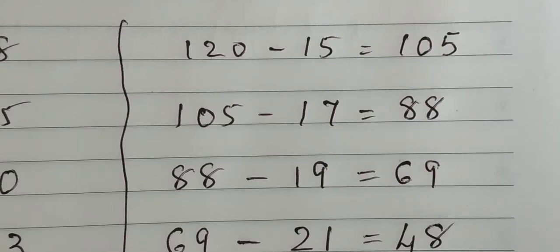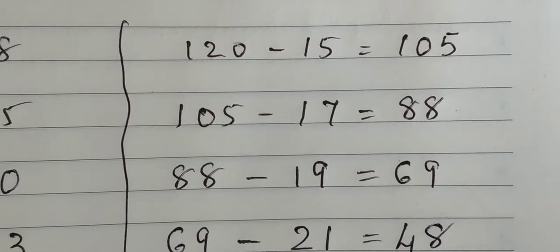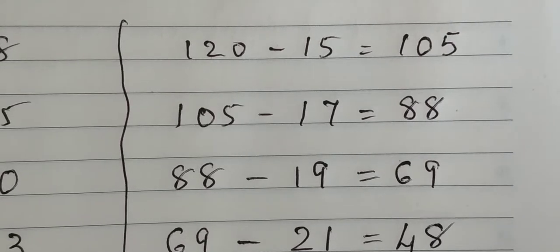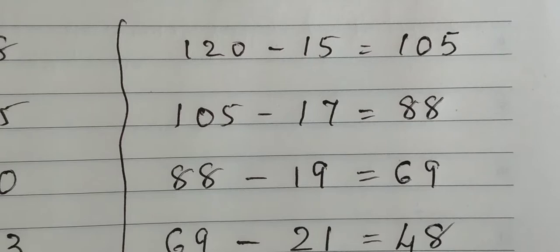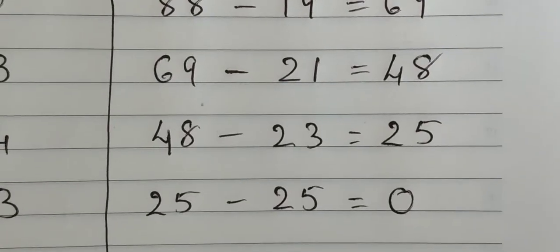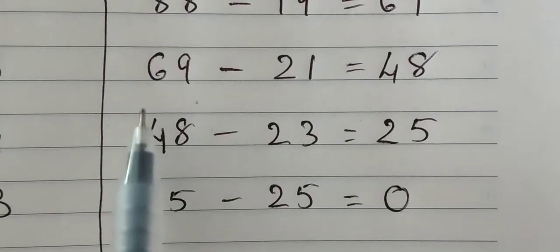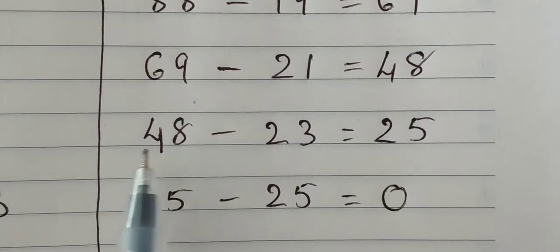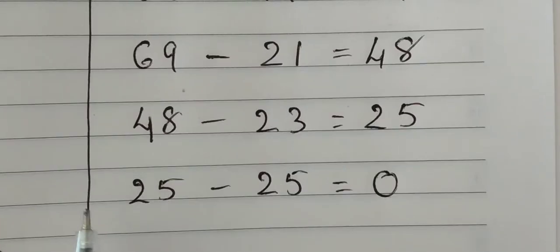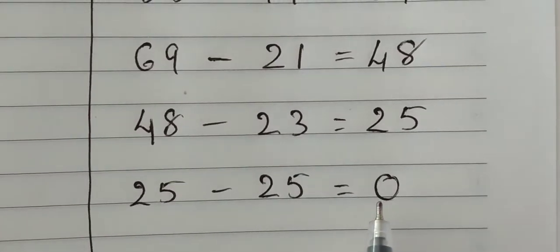Then 25 minus 25 will give you 0. Okay. So here we go, 69 minus 21 is 48, 48 minus 23 is 25, and 25 minus 25 is equal to 0.